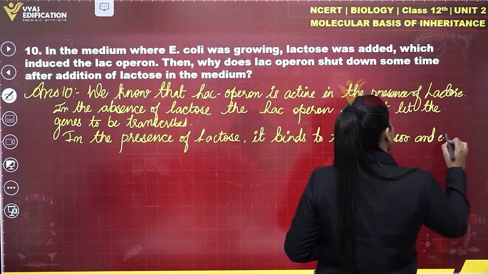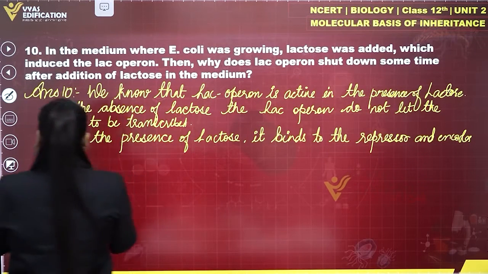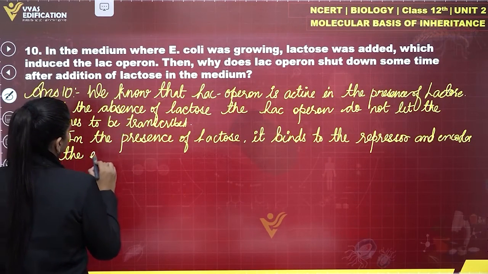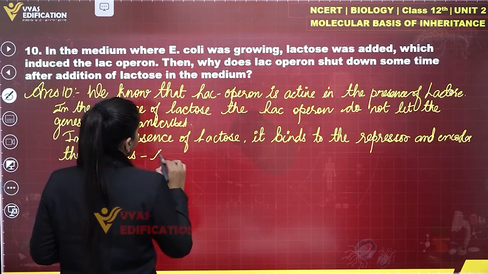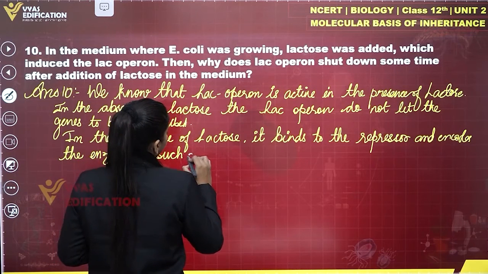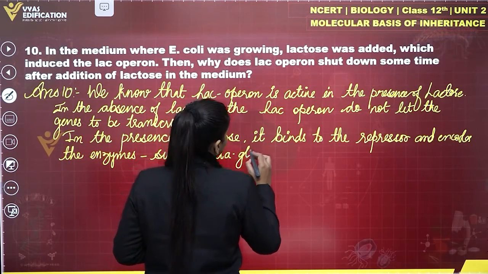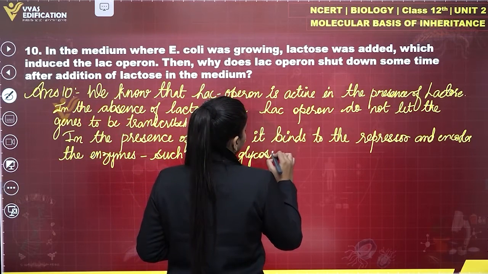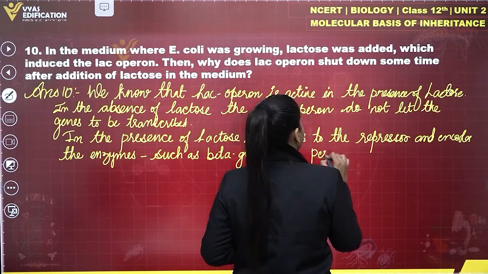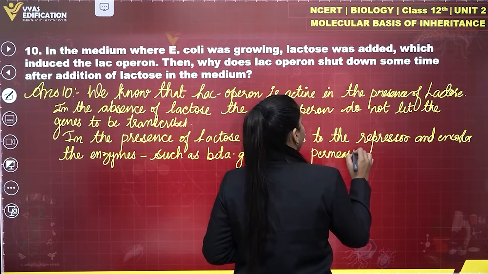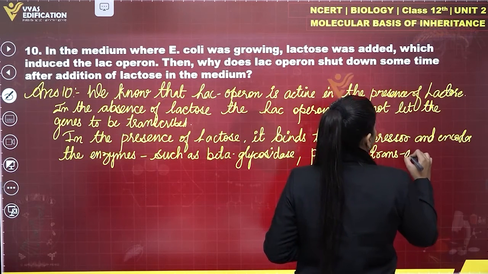And the operon encodes the enzymes such as beta galactosidase, permease and transacetylase.